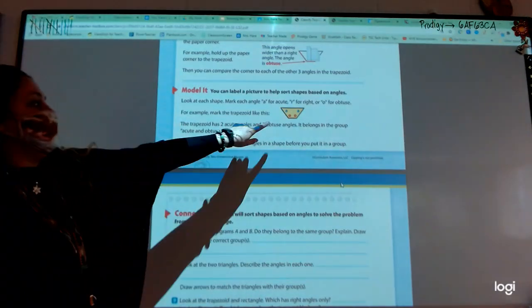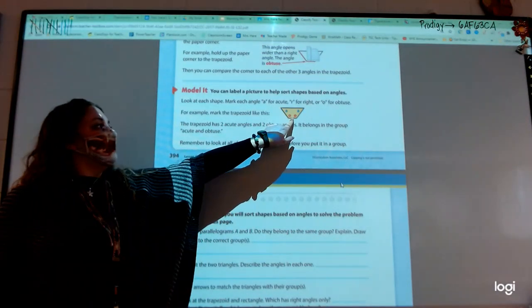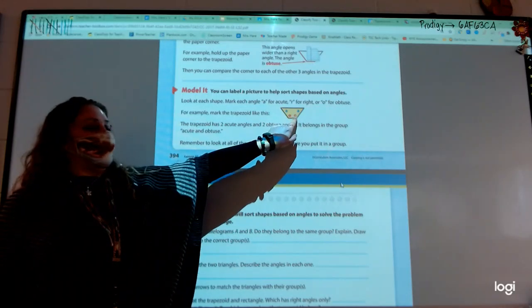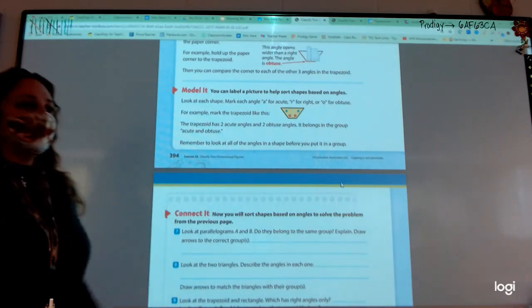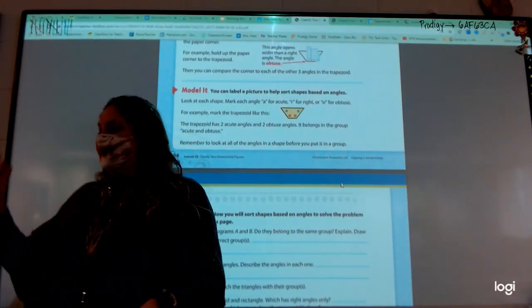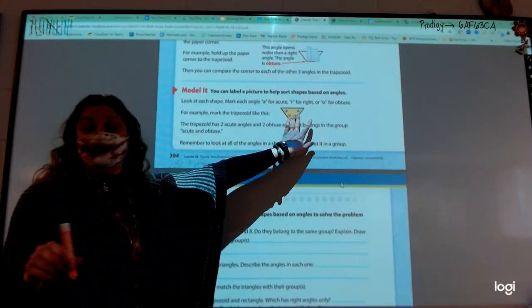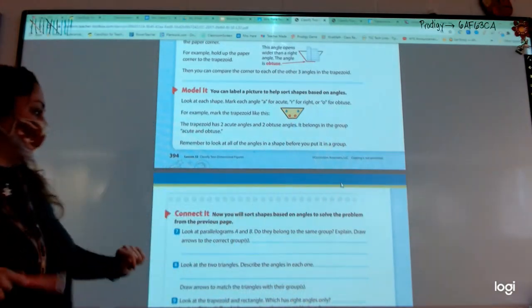So look what they did here. Can someone tell me what strategy that is? What did they do? I see 2 A's and 2 O's. Angie? Acute angles and obtuse angles. Yeah, they were just looking at their shape, and anytime they said, well, that's acute, they put an A. I do it this way. I think that's my favorite way.